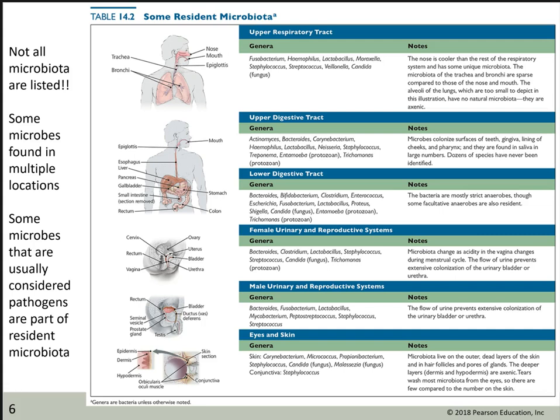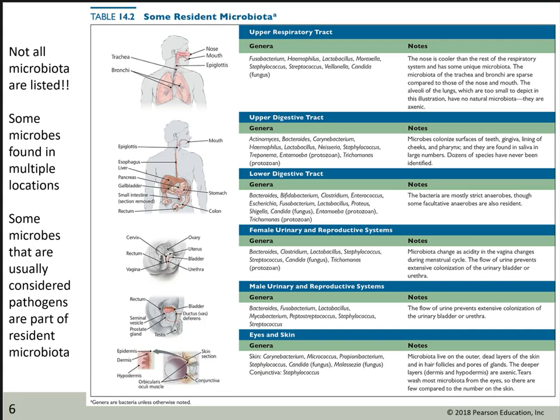Well, one of the reasons is because we're listing genera here, and these have different strains within the genera, and some of those individual strains are able to cause disease, while others don't cause disease.